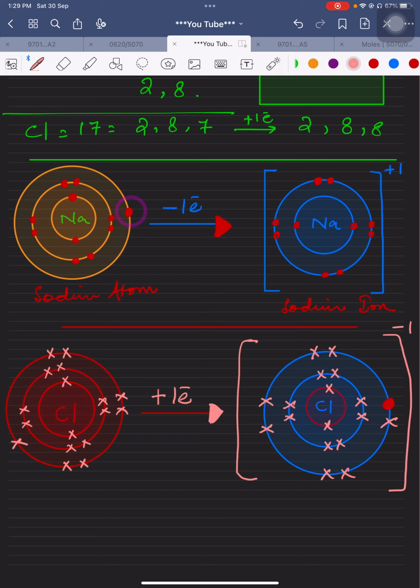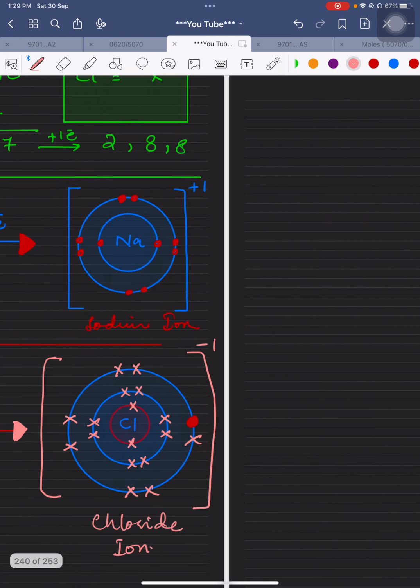Okay, so this is called the chlorine atom, and this is called the chloride ion.